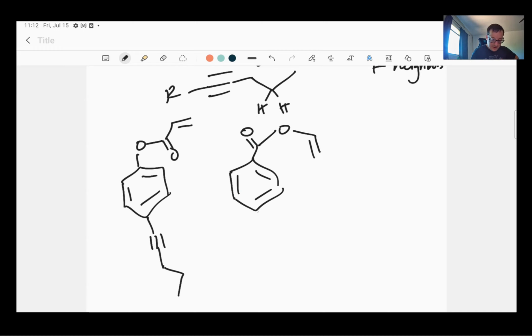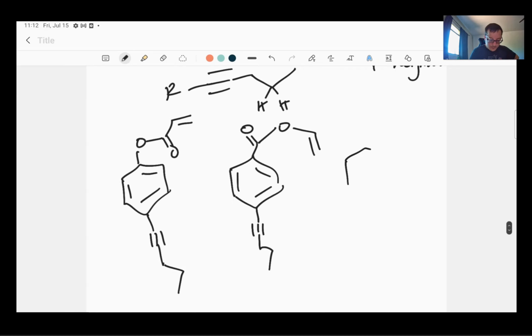We could try, let me draw the rest of the molecule, putting it on the other side. And those are the only places we can put it. So we've got 3 options.